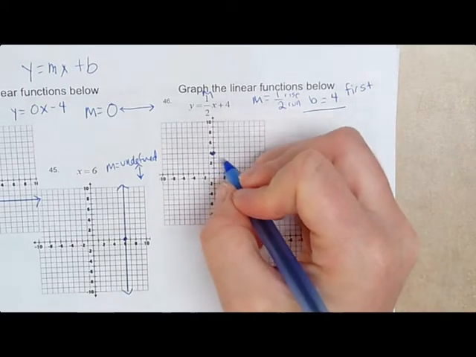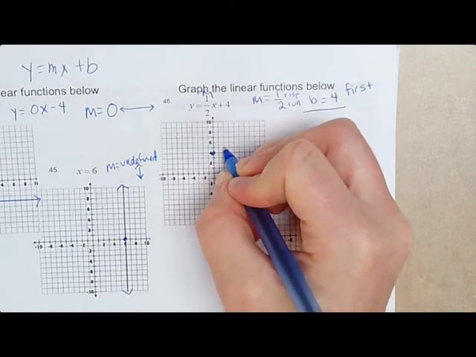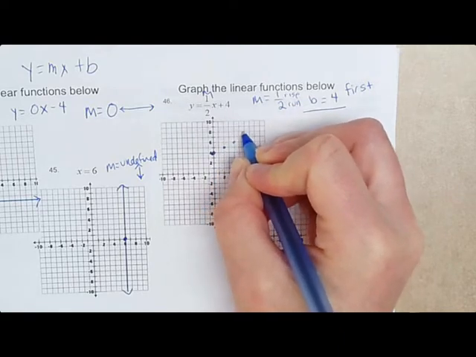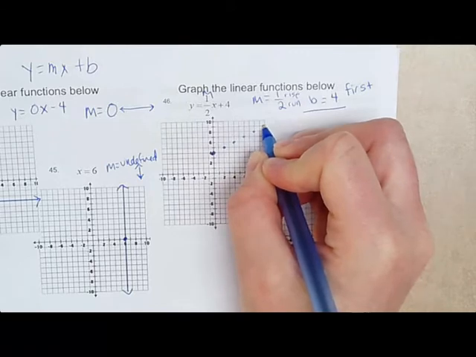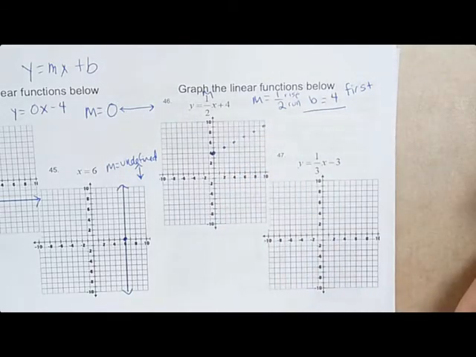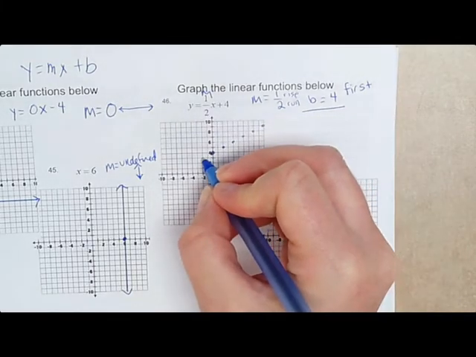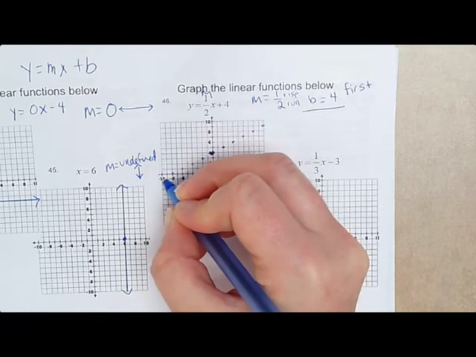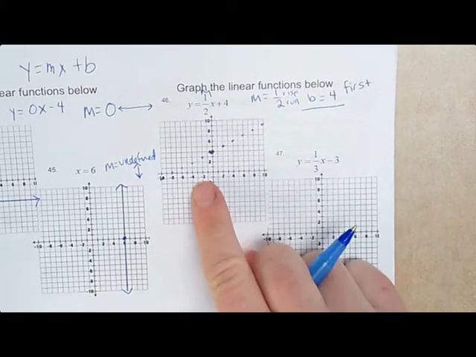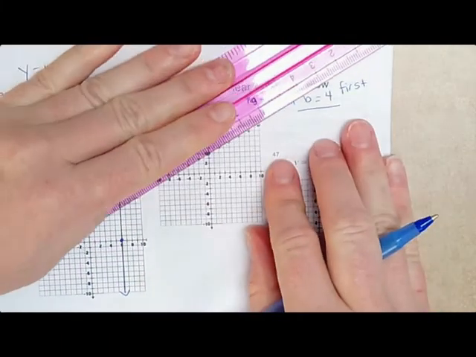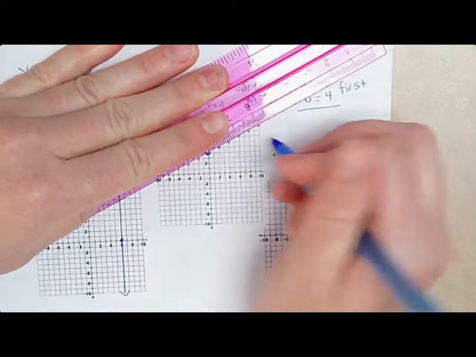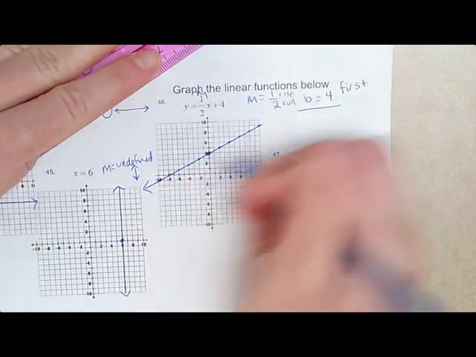So we're going to go up 1 over 2, up 1 over 2, up 1 over 2, and then go down 1 over 2, down 1 over 2, and so on. And it is a positive slope. It's going uphill. So make your line and put arrows on both ends.